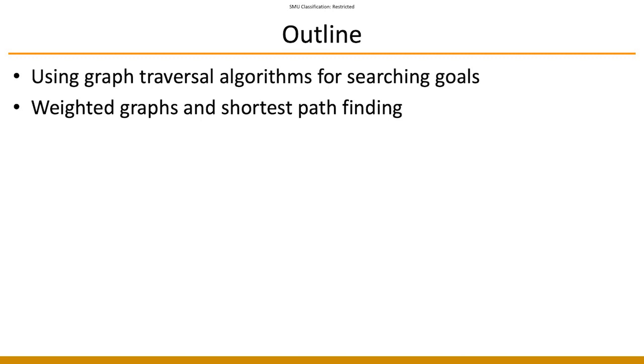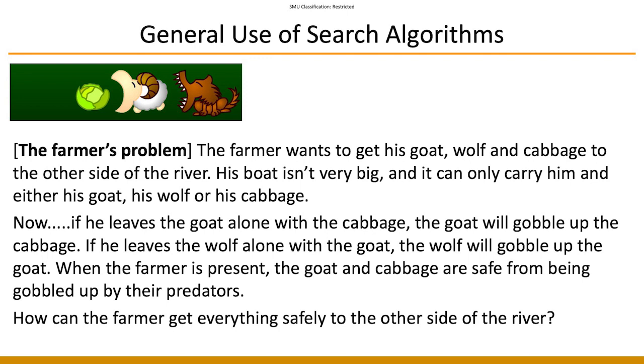And the second part, we'll be talking about the generalization of the graph that we have from last week, so that we can model the problem where edges now carry different weights, and we will address one of the most important questions in graph, which is to find the shortest path.